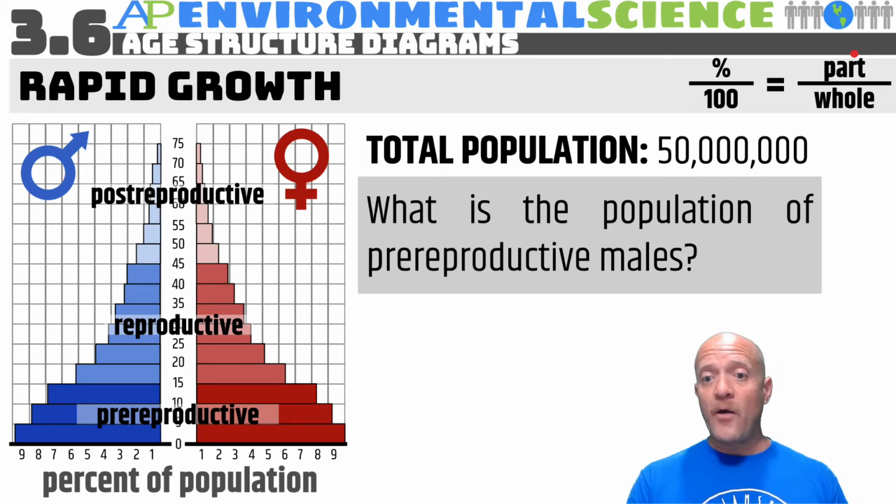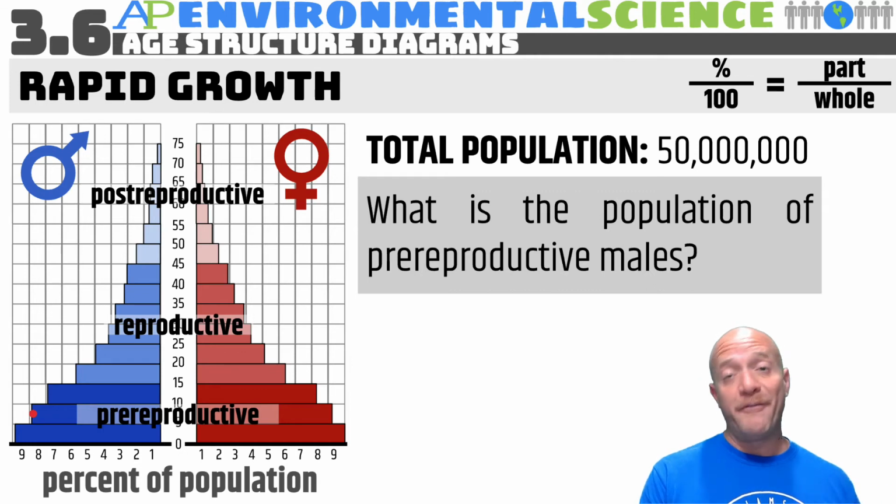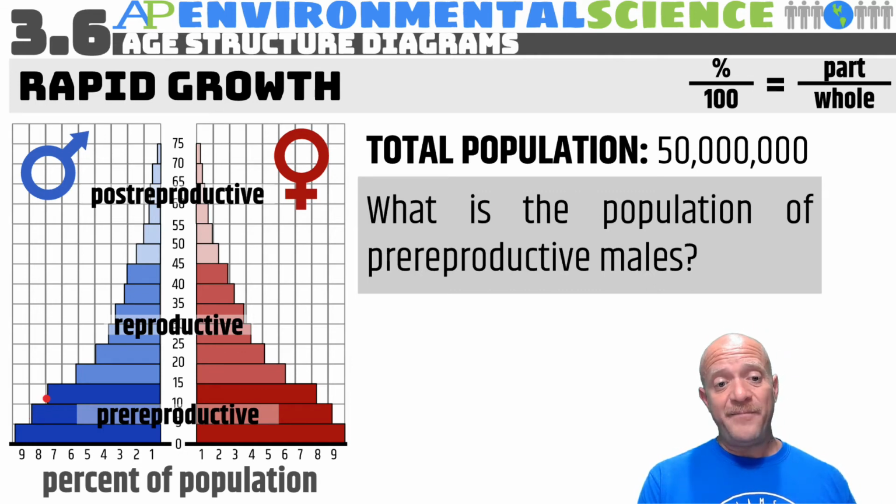Now, I know my whole population is 50 million. I don't know the part, which part is pre-reproductive. I don't know that actual value. But what I can figure out is the percentage. I do know that in pre-reproductive, I have 3 different groups. I have 9% are under 5 years old. I have 8% roughly are between 5 and 10, and roughly 7% are between 10 and 15.